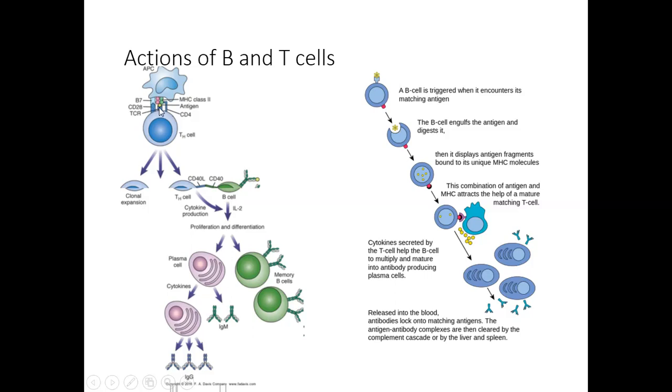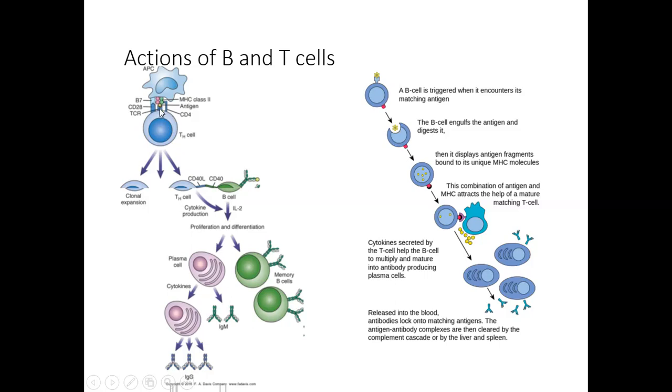So there's the binding site, the TCR, the T cell receptor, right here. I'm sorry, that's the CD receptor. I apologize. Right there is the T cell receptor with the antigen binding site to it. So this stimulates this once naive T cell, or virgin T cell.